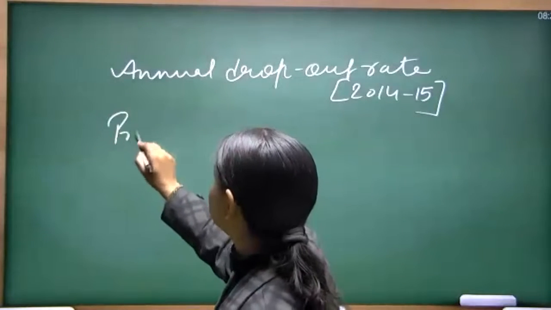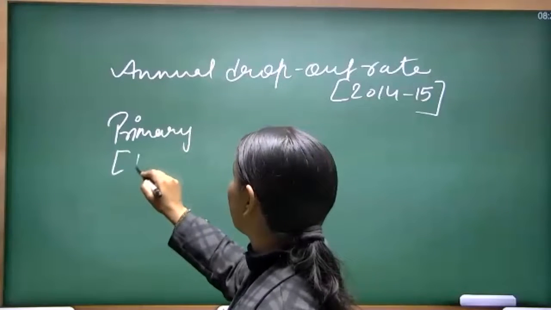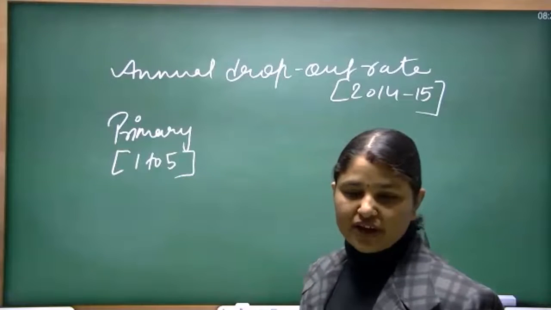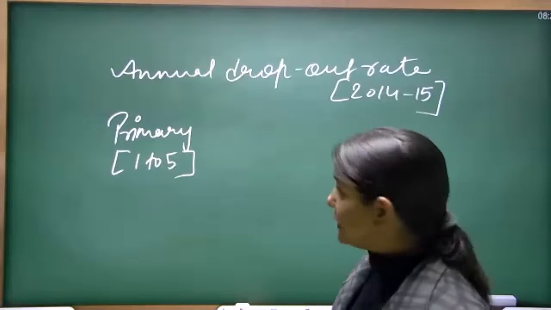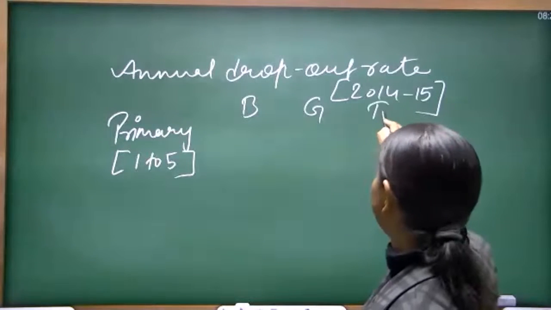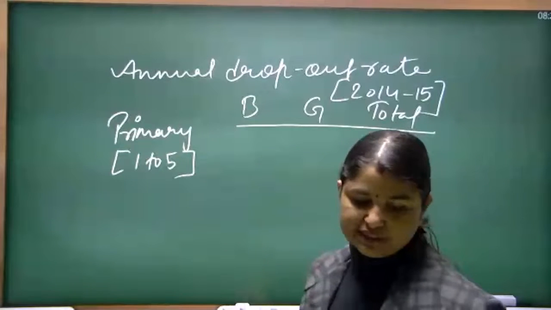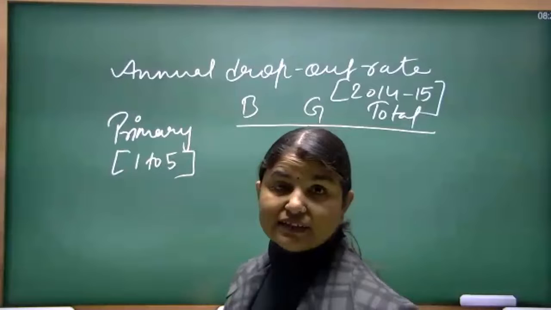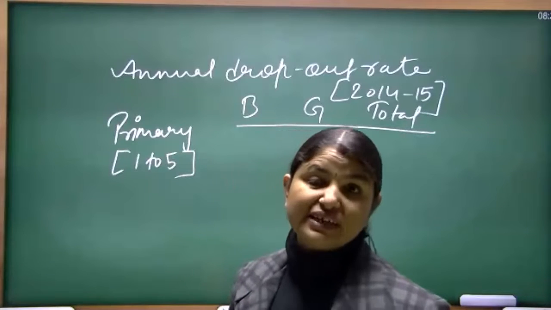Boys, we will see first of all the first group. Primary classes, which we can include from class 1st to 5th. Which class group are we including over here? Class 1st to 5th. In that, boys are there, girls are there, and total is there. That is given in your book. Just check it out. Whatever data we have in this table is the percentage.